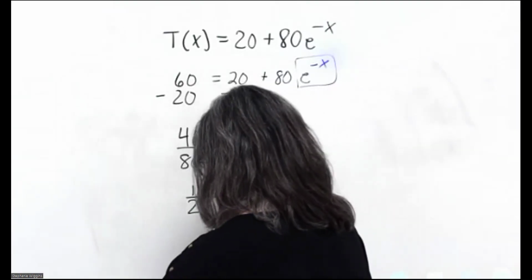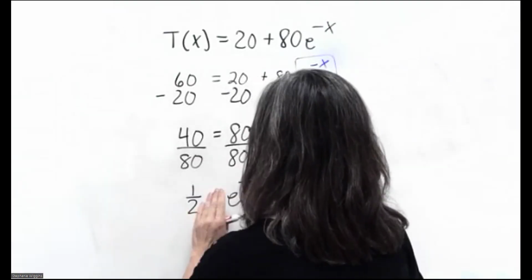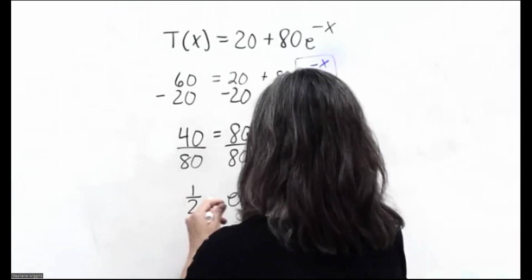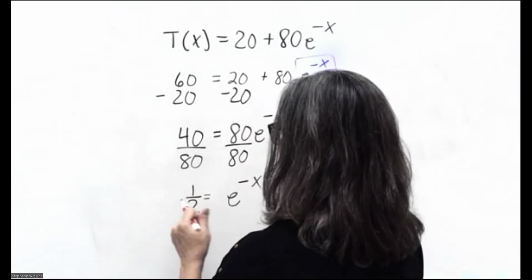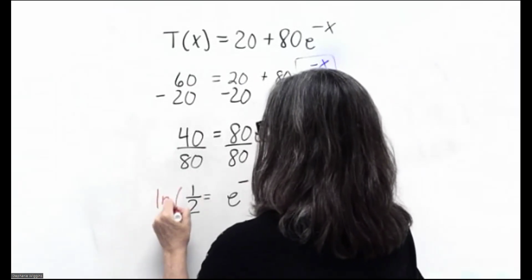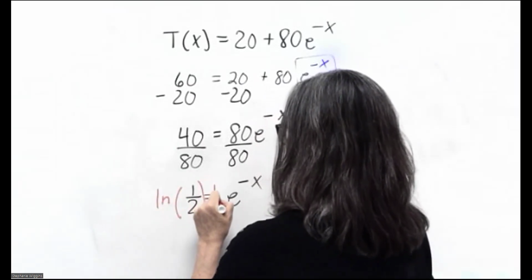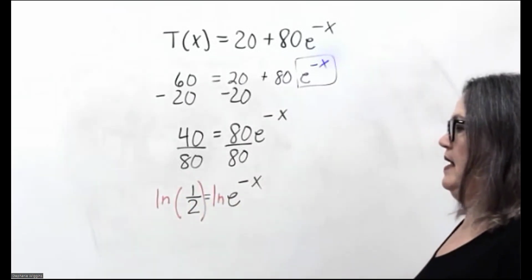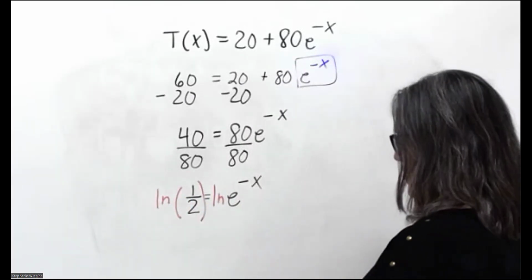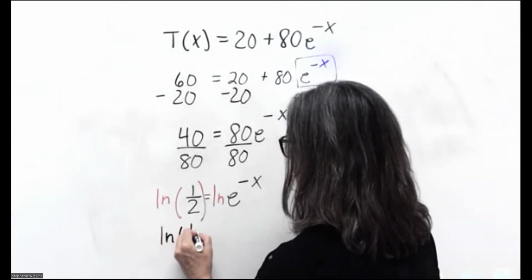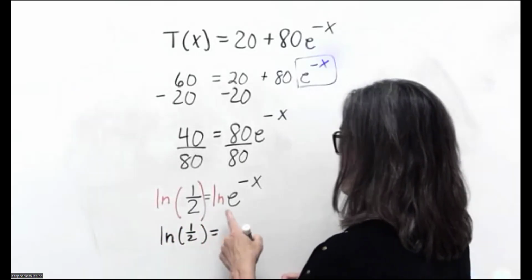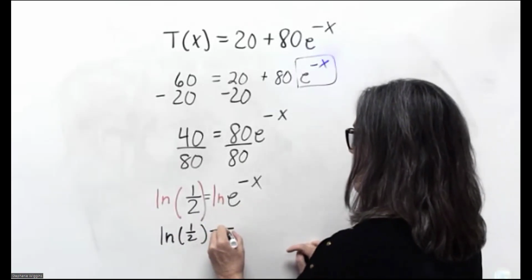So let me just write that in red so you can see what I'm doing here. I can do that because I'm doing it to both sides. And that gives me the natural log of 1/2 equals, these cancel each other out, minus x.